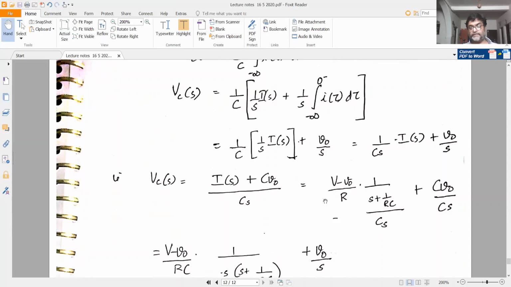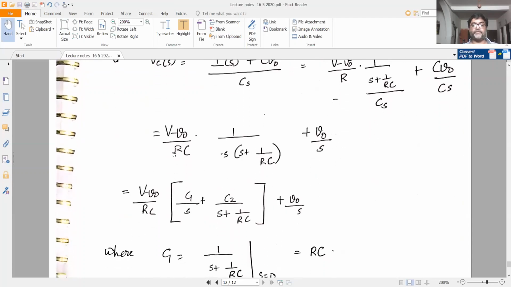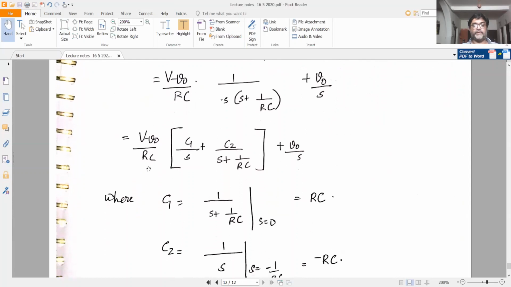I of S, you already have: (V minus V naught) by R into 1 by (S plus 1 by RC), divided by Cs, plus C V naught by Cs. Rearranging, you can write this as (V minus V naught) by RC into 1 by S into (S plus 1 by RC), plus V naught by S. Now you need to partial factorize this, which you can write as C1 by S plus C2 by (S plus 1 by RC).